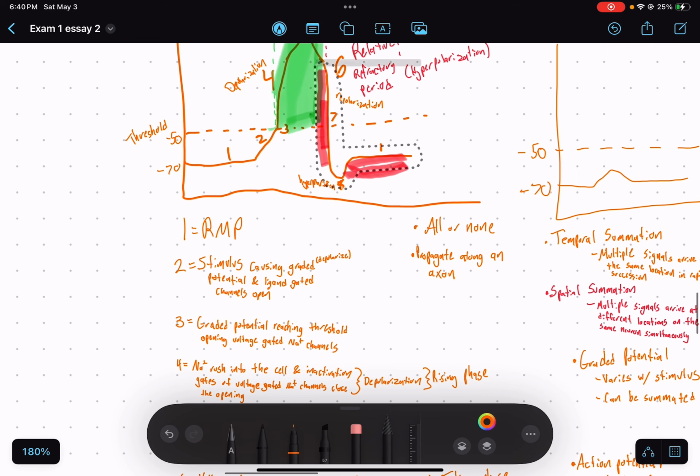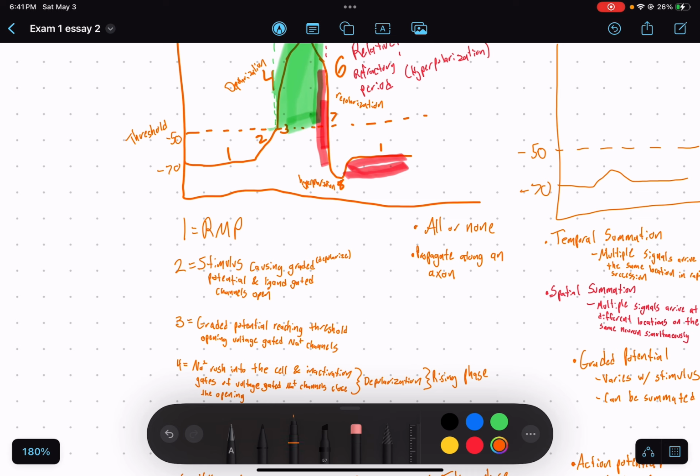The third event right here is talking about the graded potential, the depolarization being strong enough to reach threshold, which opens up voltage gated potassium channels.